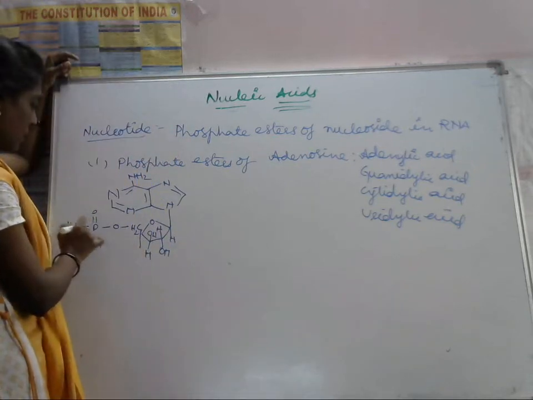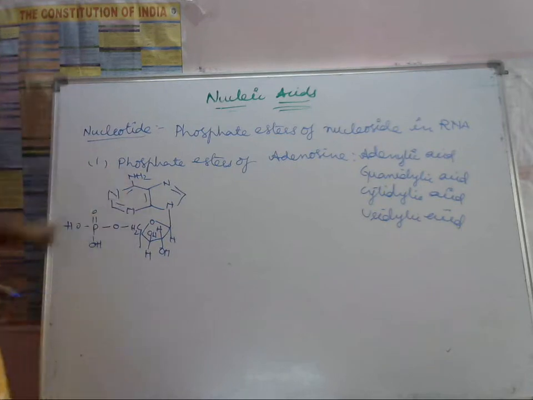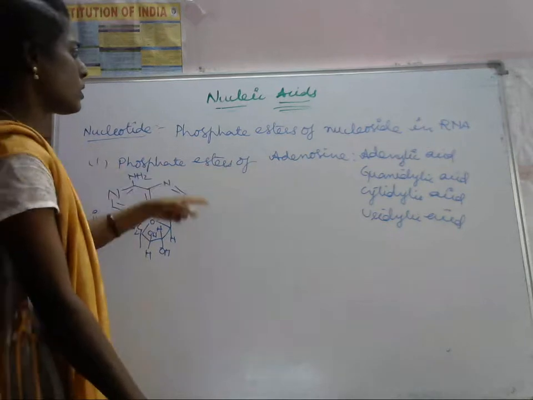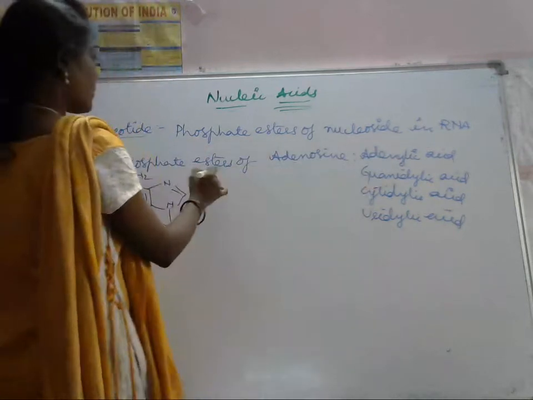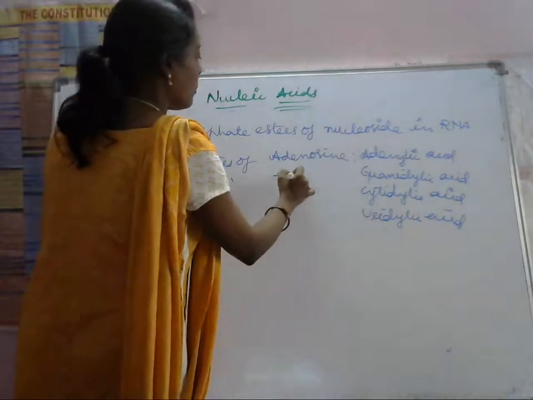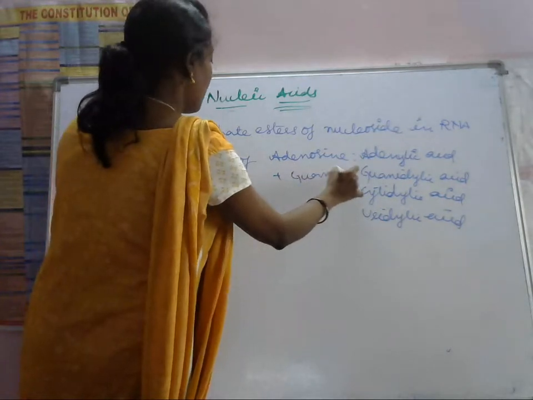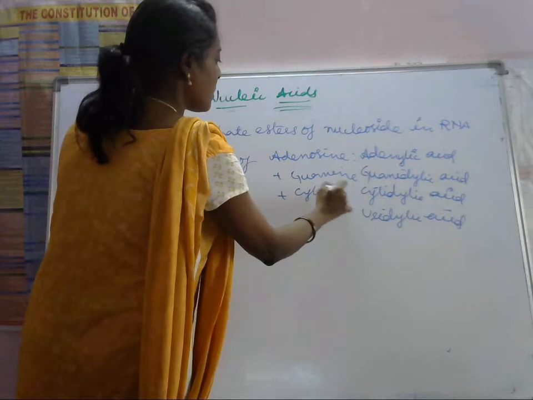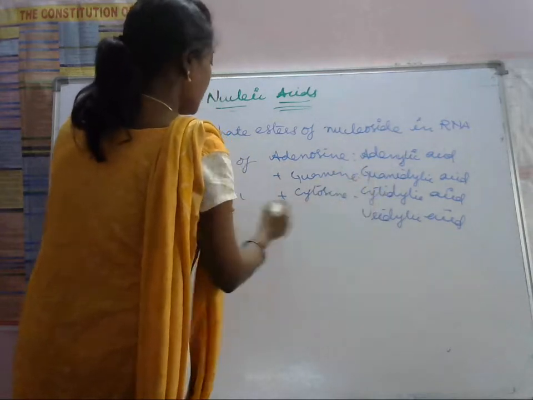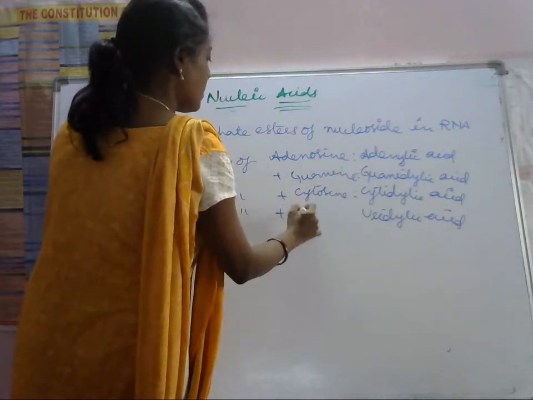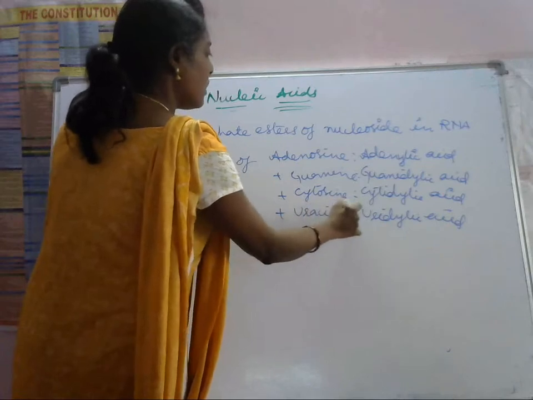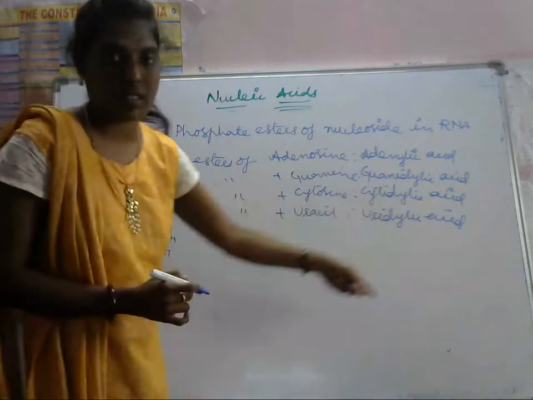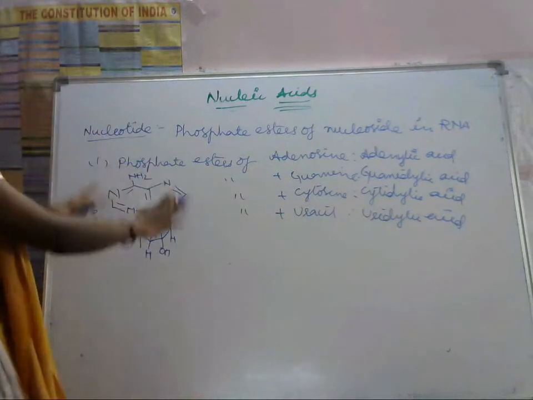If we add the phosphate ester, adenosine gives adenylate acid, the phosphate ester of guanine is this one, the phosphate ester of cytosine is cytidinic acid. This is uracil, because in RNA uracil is there, so that's why it is called uridylic acid.